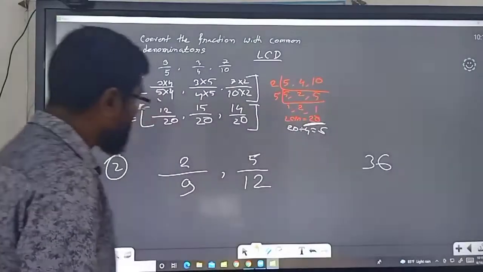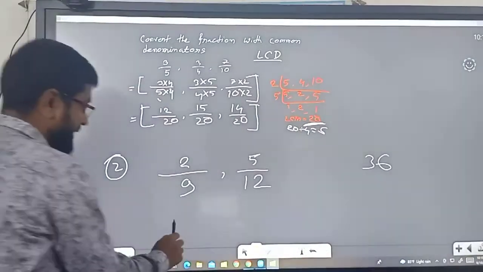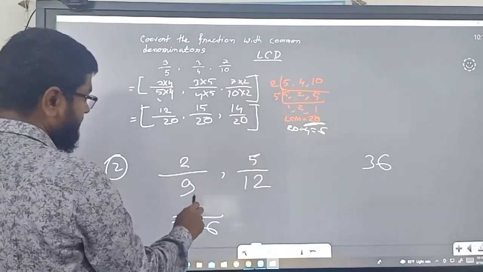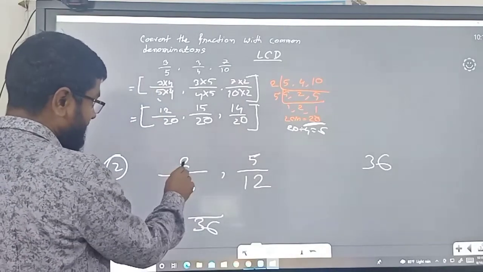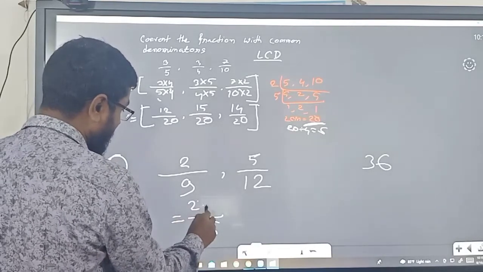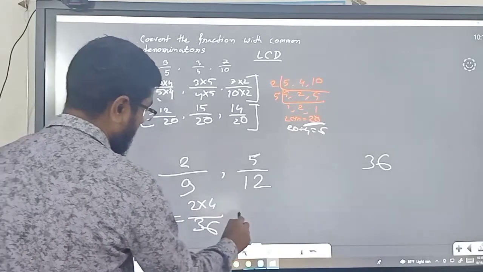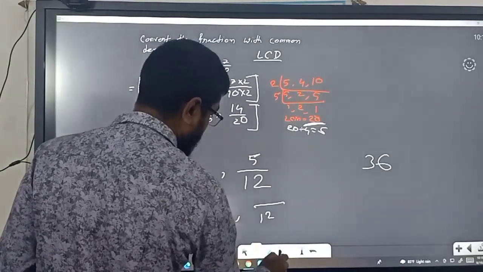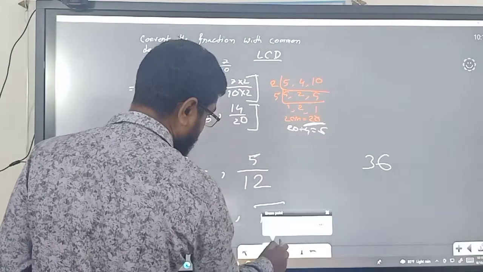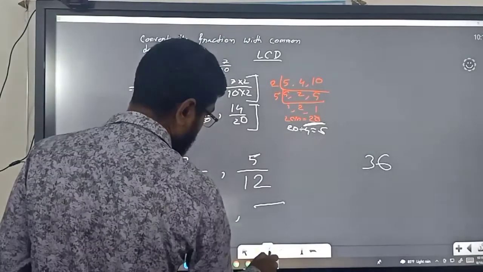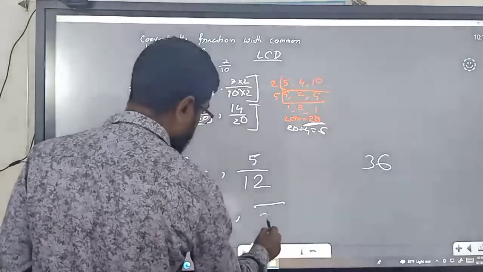So the answer, here the denominator will be 36. 9 by 4: to make it 36, what have I multiplied 4 by? 9. So 2 by 4 and 4, 9 by 4. And here 12 becomes what? 12 multiplied by 3 becomes 36.